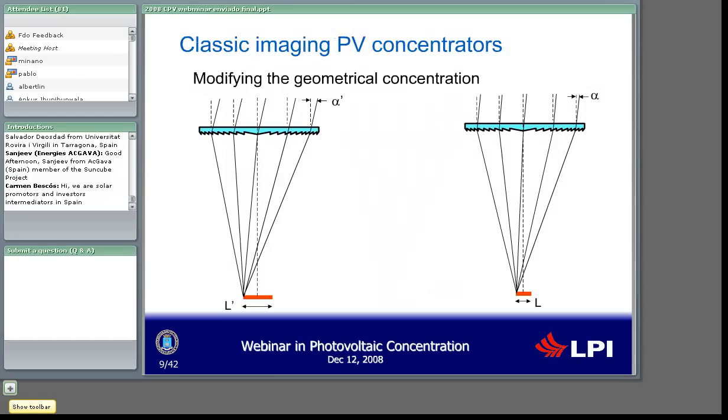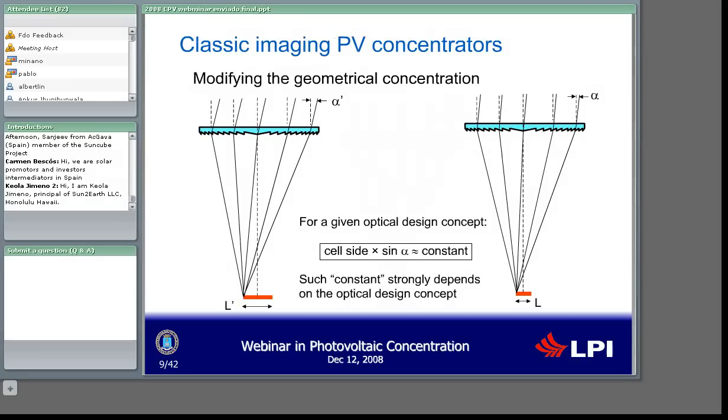That will mean that the tolerance angle, as we defined before, will be approximately double. So a basic rule of thumb for an imaging concentrator is that if you double the cell side, you can double the angular tolerance of the system.